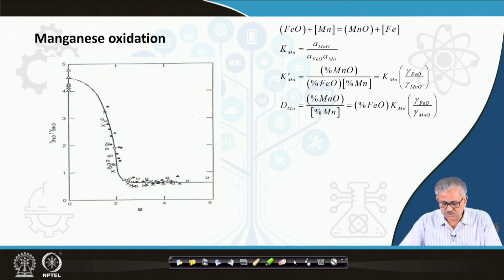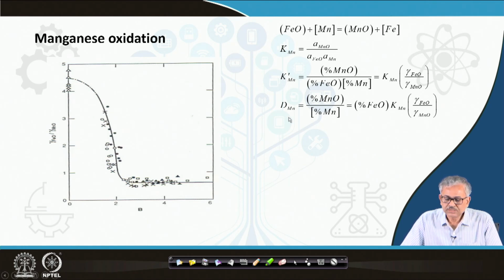So, as a result what happens? It decreases, the ratio decreases. So, that is the rate of increase in gamma MnO is greater than that of FeO. So, the denominator becomes more with increase in basicity, so it decreases. And then after certain basicity it becomes constant. So, fine, you can get that.